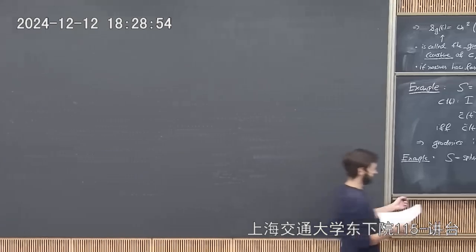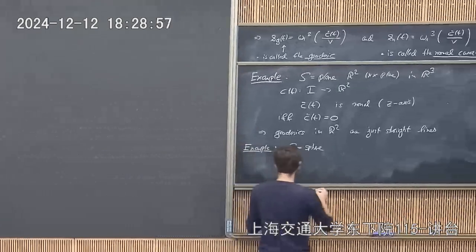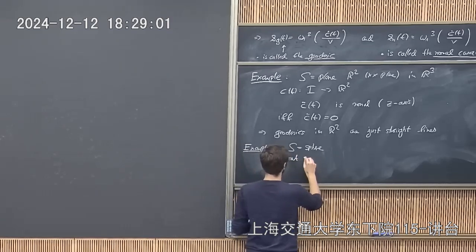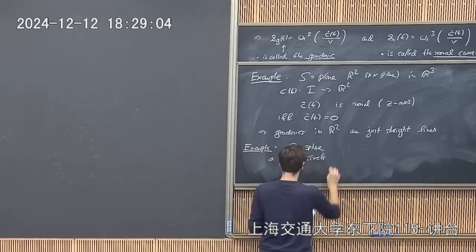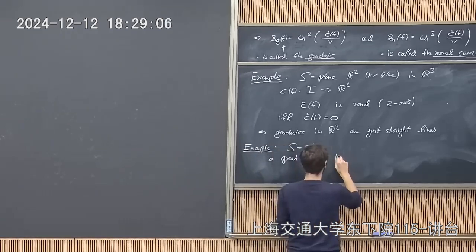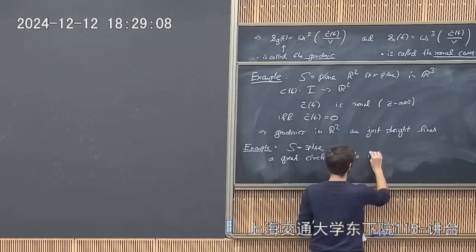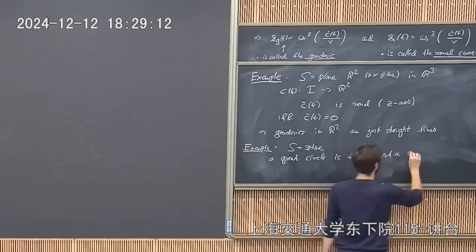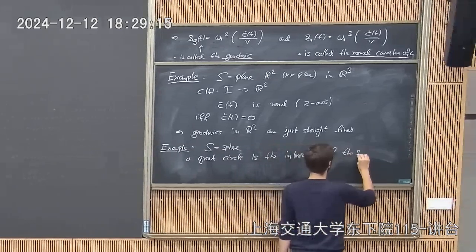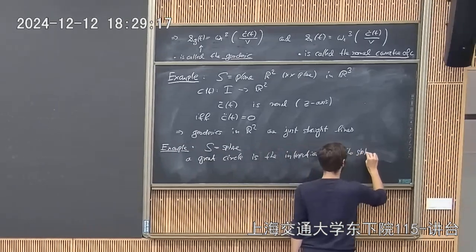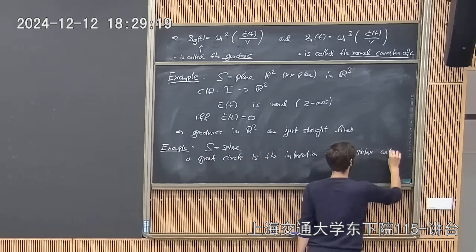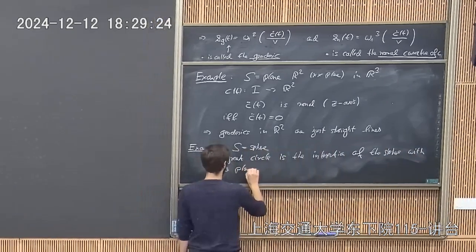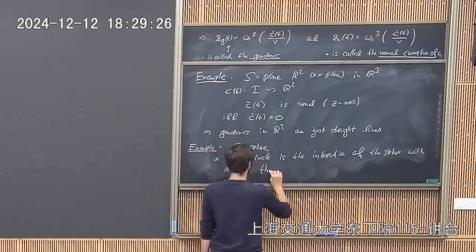So a great circle is the intersection of the sphere with a plane through the origin.